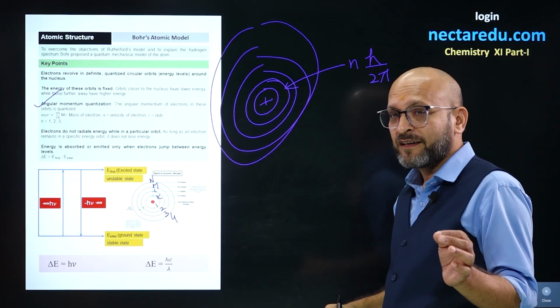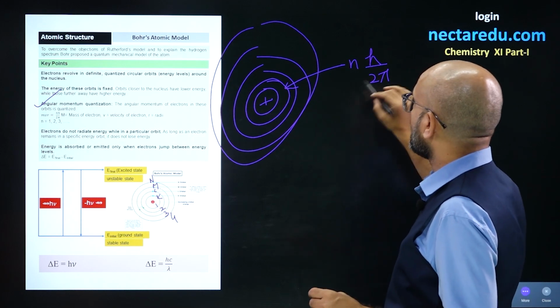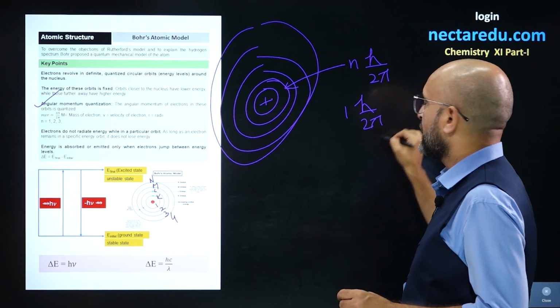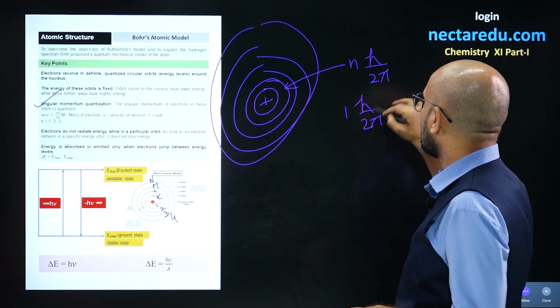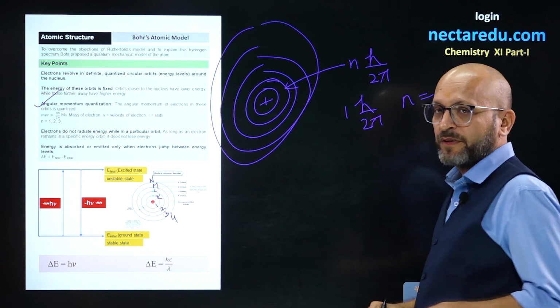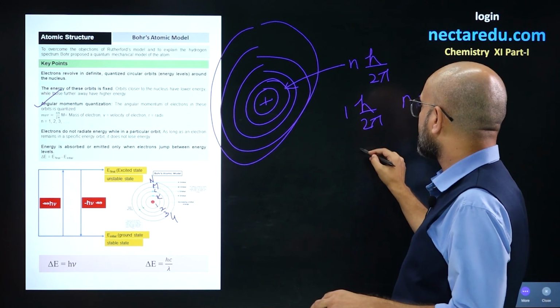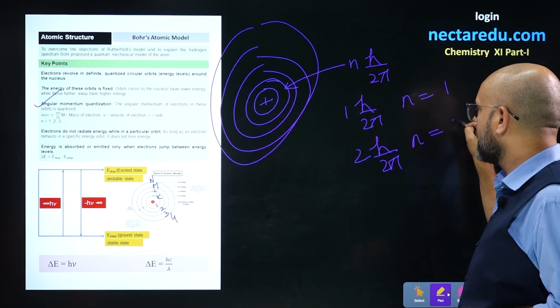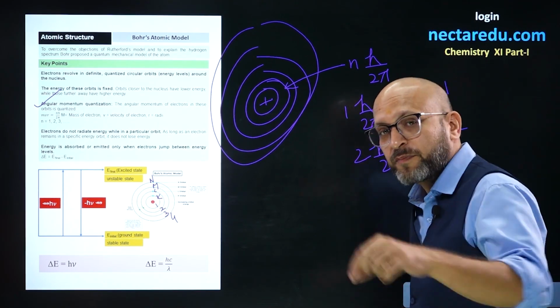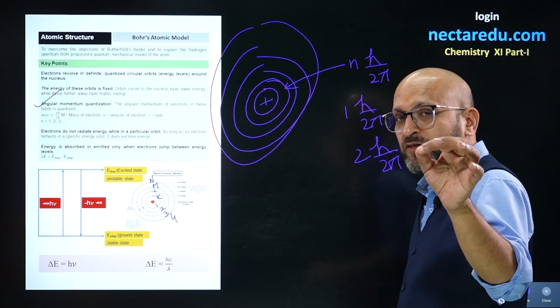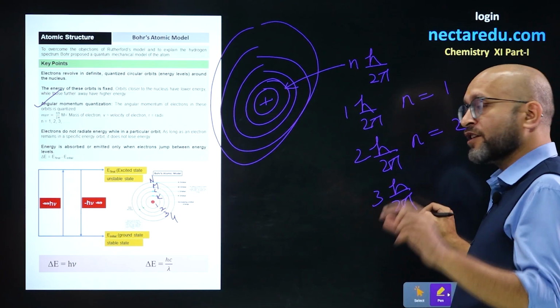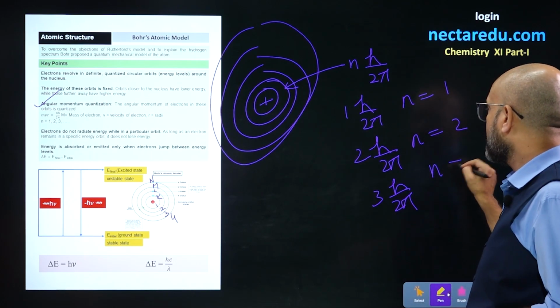What does that mean? If the angular momentum of the electron is 1 h by 2 pi in a circular path, then the orbit will be named the first orbit. If the angular momentum of the electron is 2h by 2 pi, then the orbit number is 2. If in a circular path the angular momentum of the electron is 3h by 2 pi, then that circular path will be called orbit number 3.